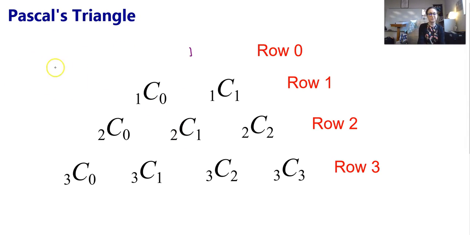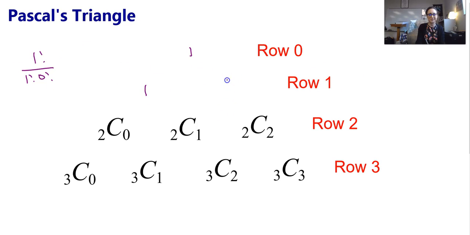So 1 choose 0. So I have 1 factorial over 1 minus 0 factorial. So 1 minus 0 is 1, and then 0 factorial. Those are all 1s as well. So I'm going to replace that with a 1. Same thing here. 1 choose 1, you can try it, but you'll get the exact same thing.